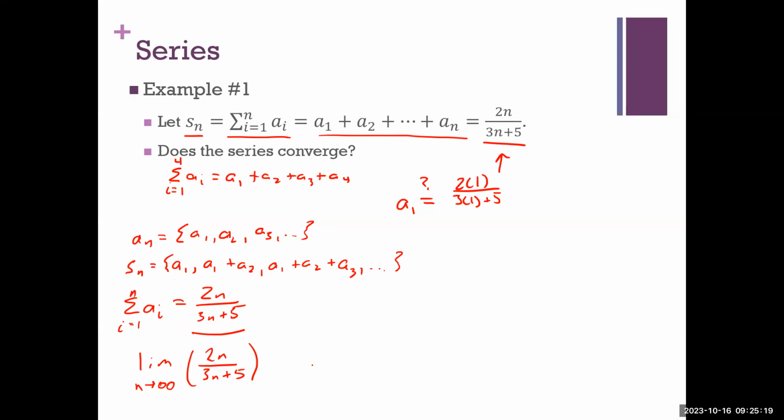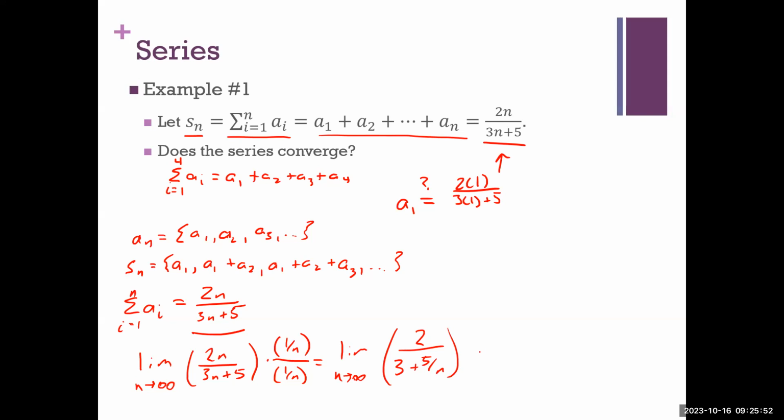Both the numerator and denominator. Right. So let's do a manipulation here. Is it legal for me to multiply a numerator and denominator by 1 over n? Hopefully you agree that that's legal. But if I do that, what do I get? I get the limit as n goes to infinity of 2 over 3 plus 5 over n.